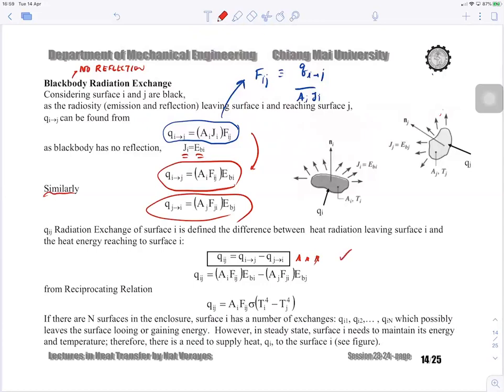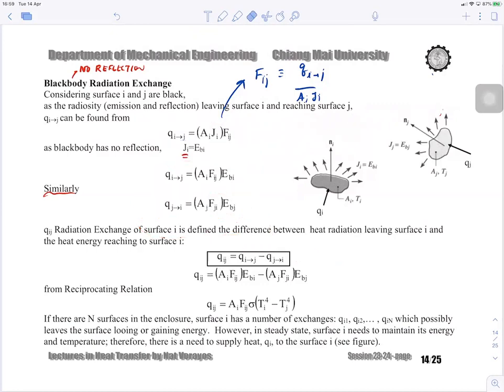By definition, radiation exchange Qij equal to Qi to j minus Qj to i. Just plug this thing in here, plug this thing in here. Okay. And this is what you can have. So after plugging in, you get something like this, and rearrange this term again, you're gonna get something like that.